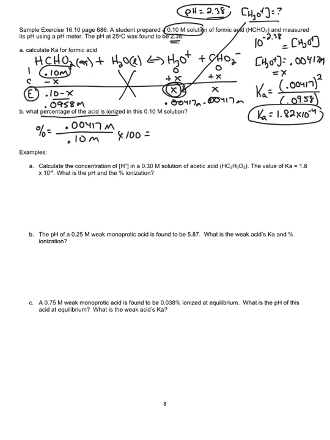And we get 4.17%. As I said, you can often expect that the amount of ionization or dissociation of an acid to be under 5%, which indeed this is an example of.